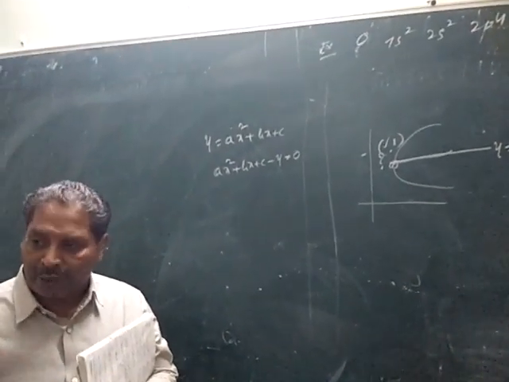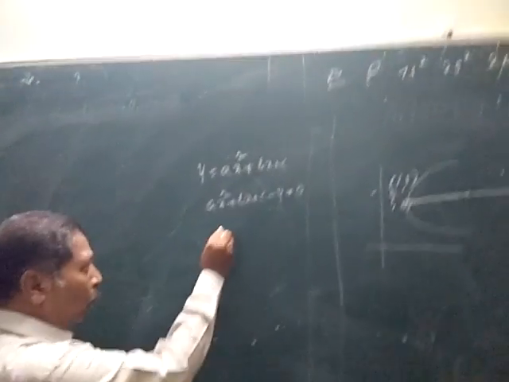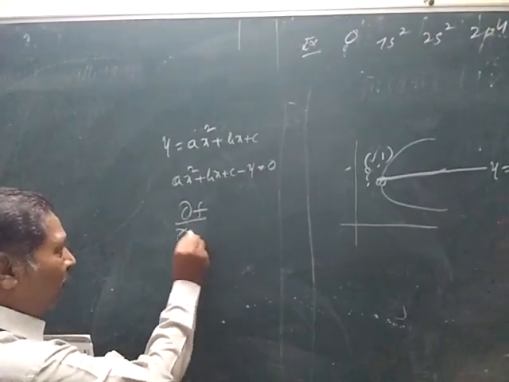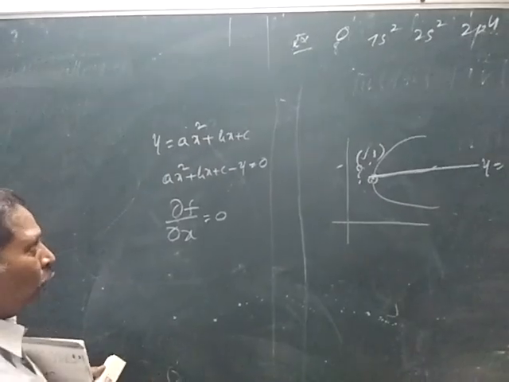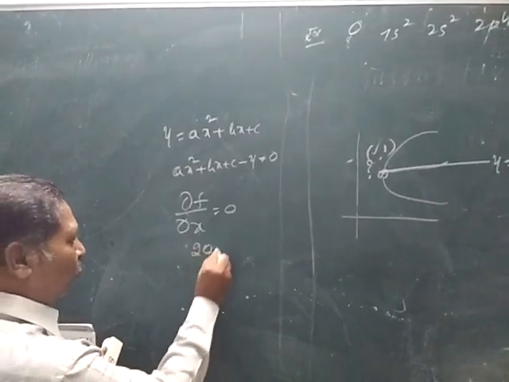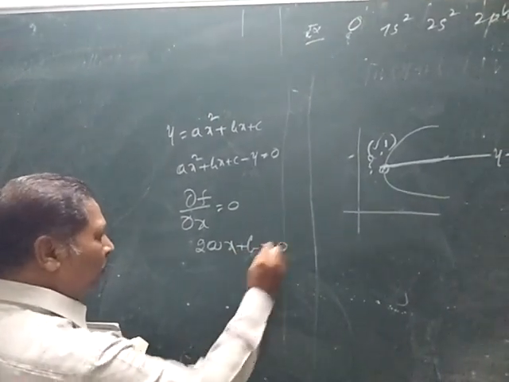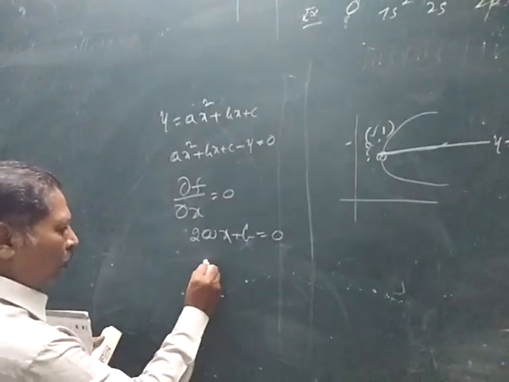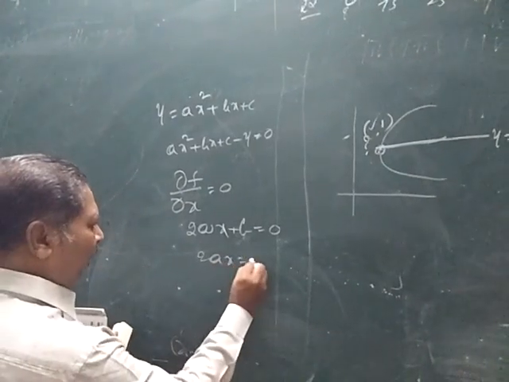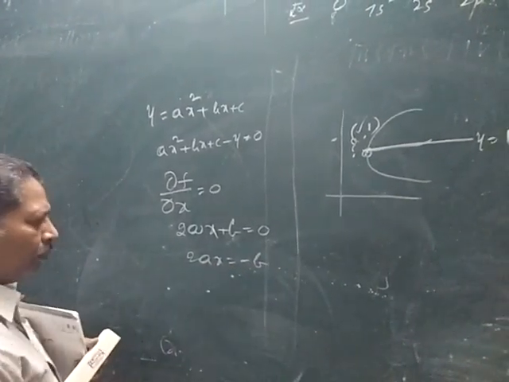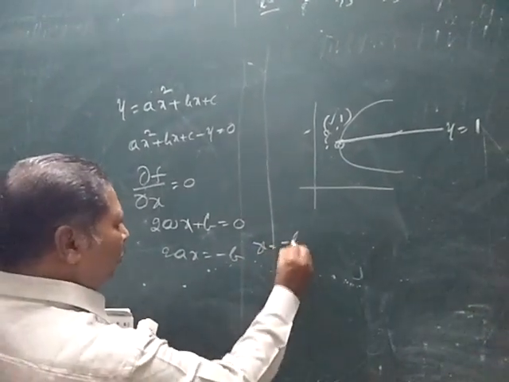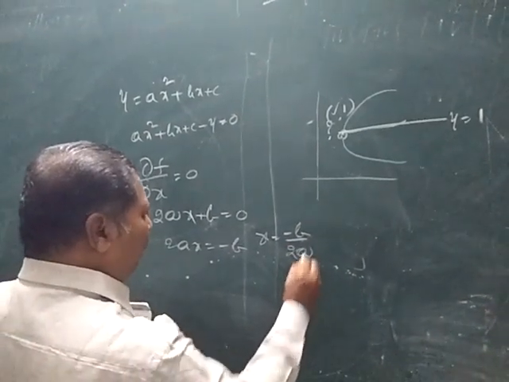So ∂f/∂x equal to 0: 2ax plus b equal to 0, 2ax equals minus b, x value minus b by 2a.